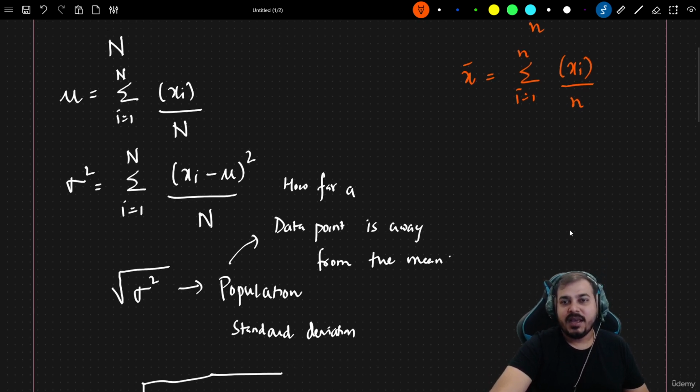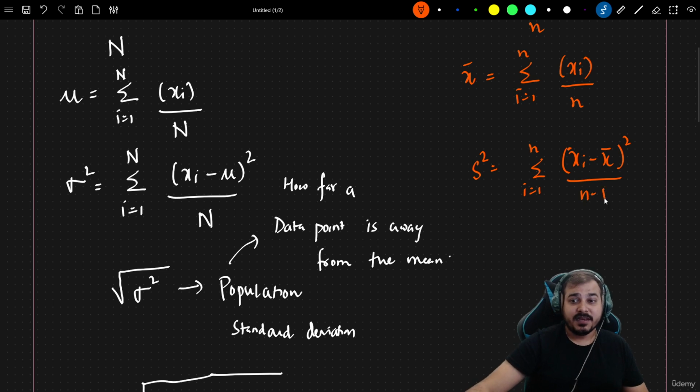This is your population mean, and now you compute your sample variance. This is summation of i is equal to 1 to small n, x of i minus x bar whole square, divided by, and this is important because of Bessel correction, we write it as n minus 1.